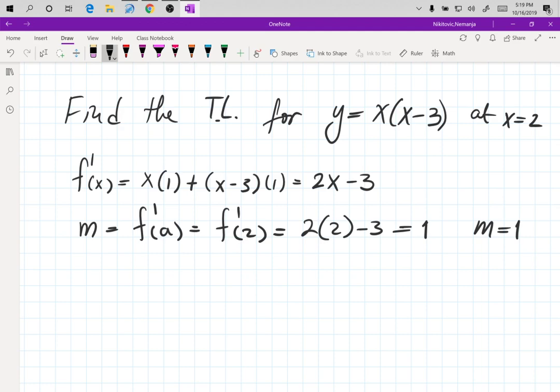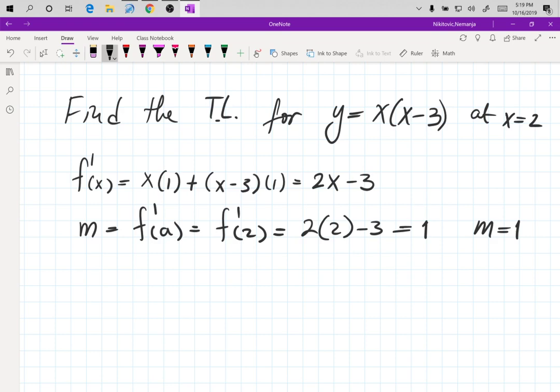To find y, we plug 2 into the original function. So we are looking for f of 2, which is 2 times (2 minus 3), which is 2 times negative 1, which is negative 2. So now I have the point (2, negative 2), and I have the slope equal to 1. Use y equals mx plus b. You can also use y minus y1 if you want to.